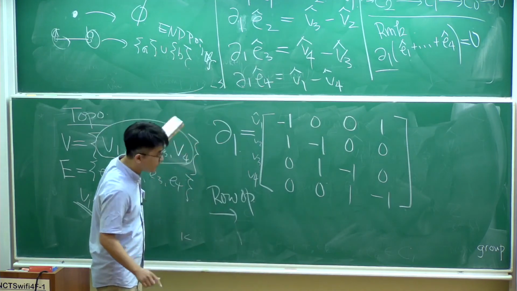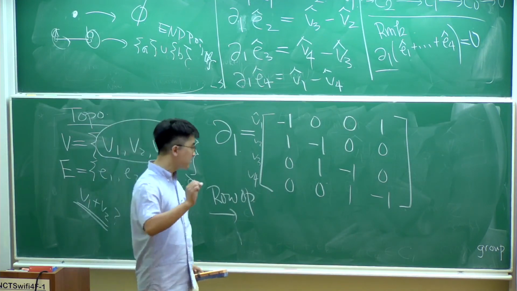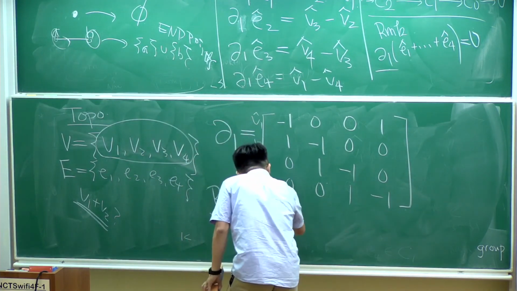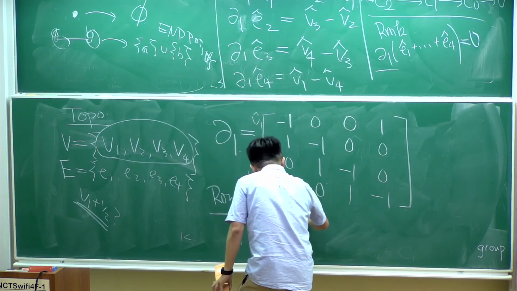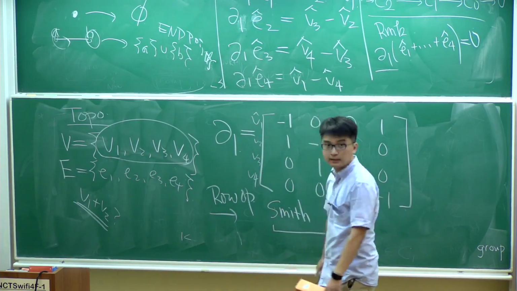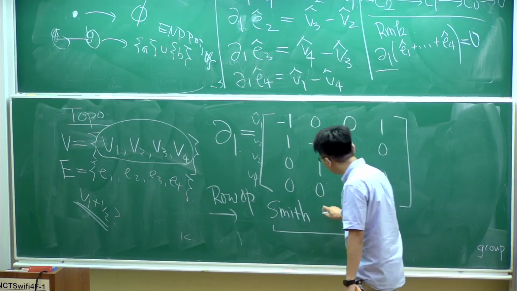And because everything here is integers, there is a special form. This is called the Smith normal form. And this is what is actually in the code we're going to use on Monday. Okay? Smith normal form.